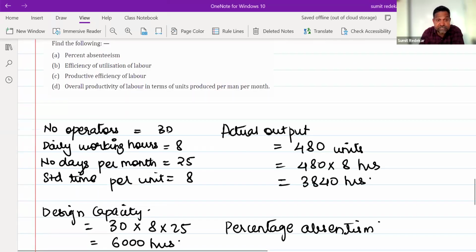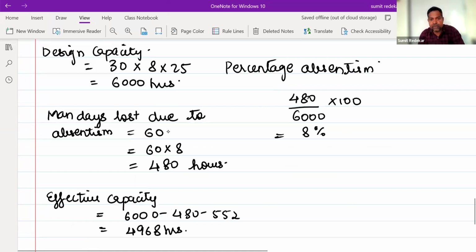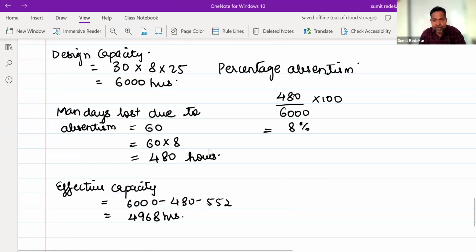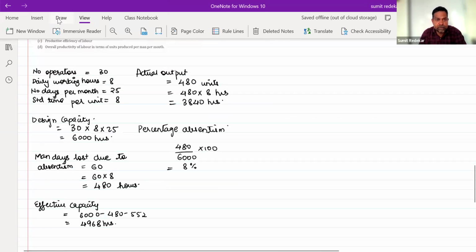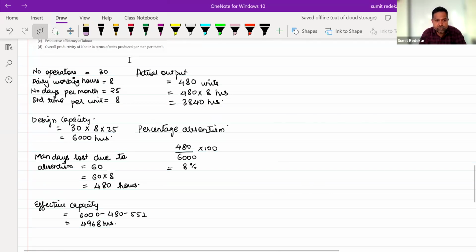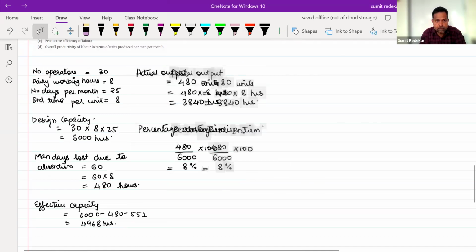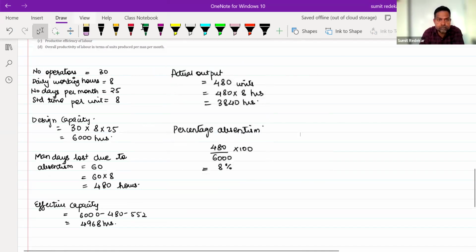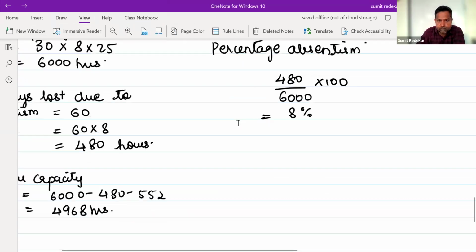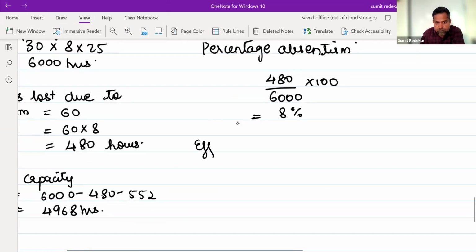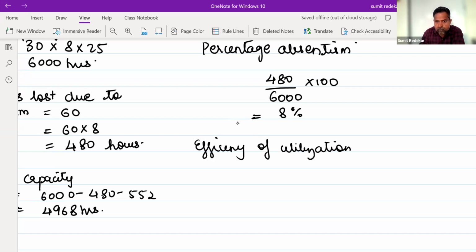Next, efficiency of utilization of labor. So how efficiently am I utilizing my labor? So you're talking about utilization. How do you calculate utilization?